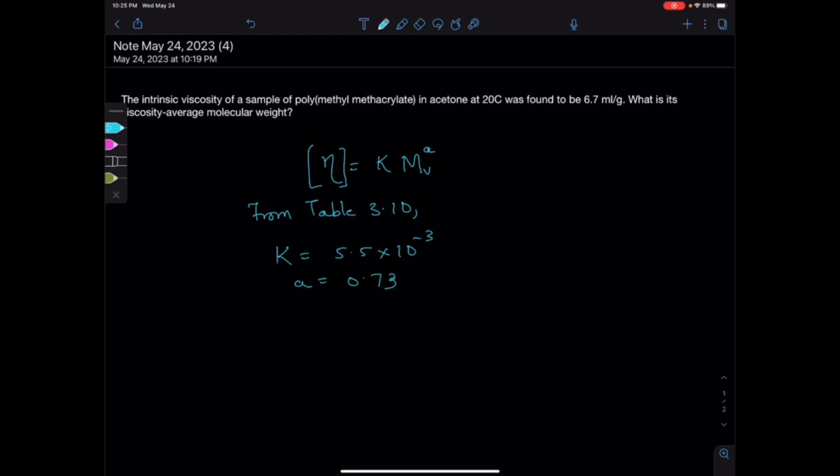So plugging this in the equation, we can get 6.7 equals 5.5 times 10 to the negative 3 times M to the power of 0.73.